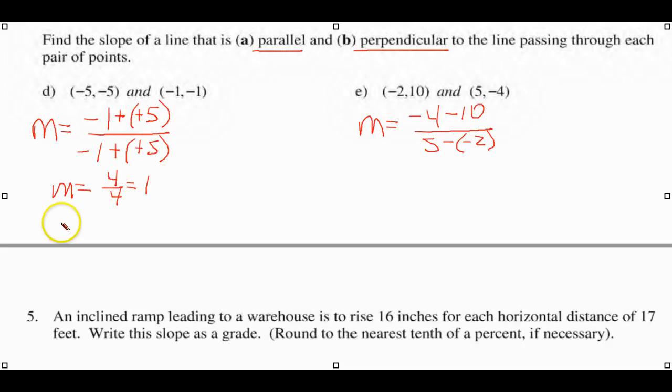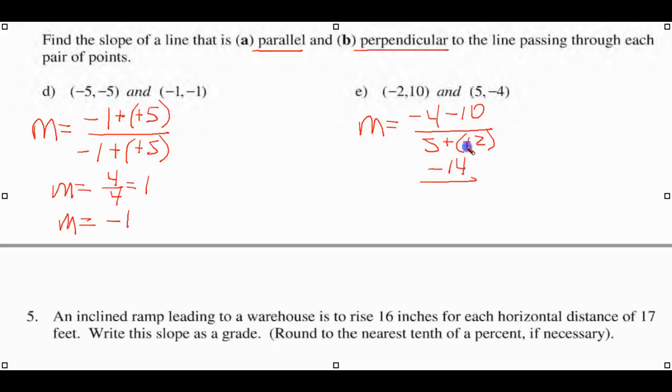What would the slope be for something that would be perpendicular to that? Well, it would be -1, because 1 times -1 is -1. All right, let's do this one. So we have -4, -10, that's -14.